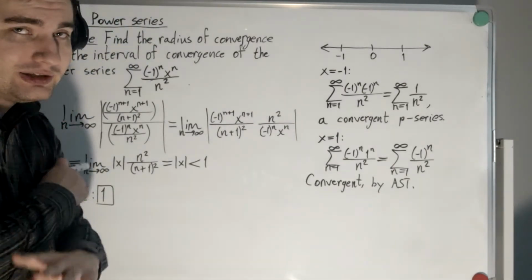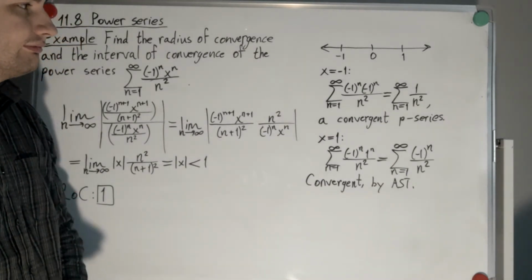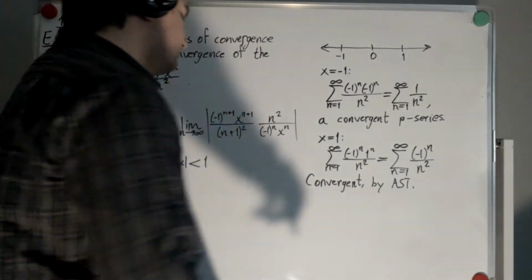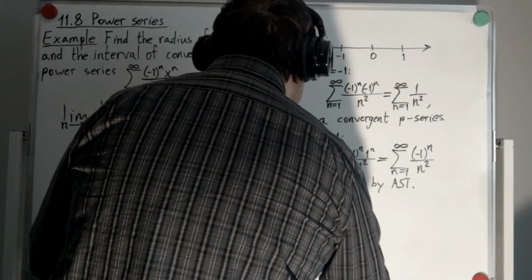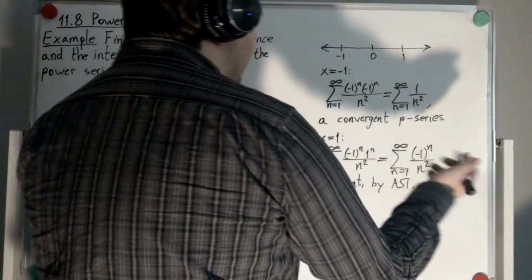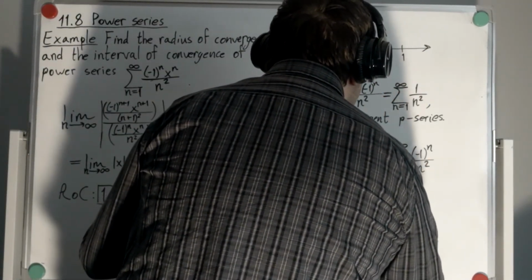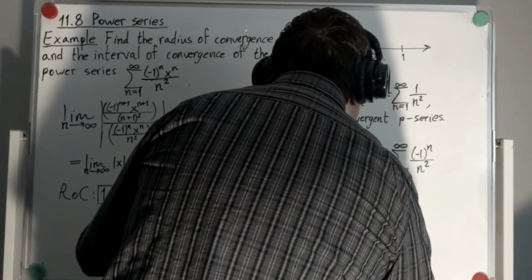The ratio test is going to tell you nothing about that. Anyway, the interval of convergence is going to be all the x values that are greater than or equal to -1 and less than or equal to 1, or in other words, the closed interval from -1 to 1.